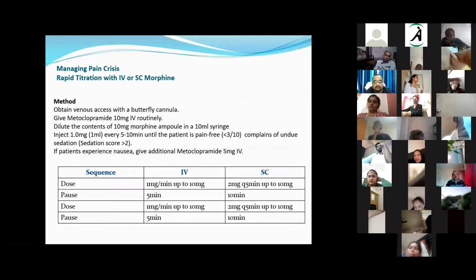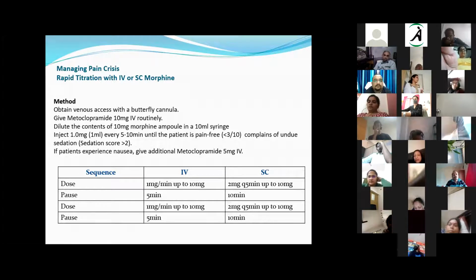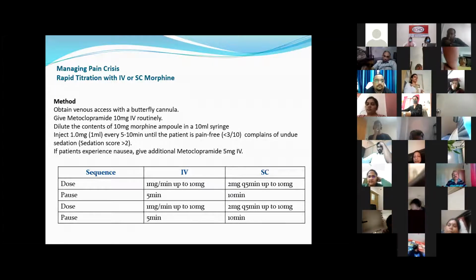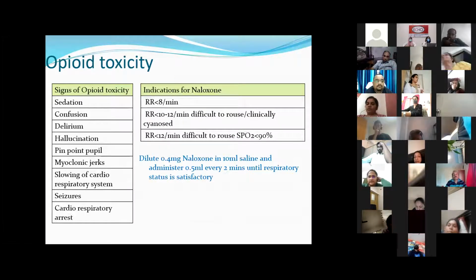But the important thing is identifying the acute pain crisis, having access to morphine, and giving anticipatory medication for the side effects associated with morphine. That is how you manage the pain crisis, and not just managing the pain, also managing the side effects associated with morphine is very important.